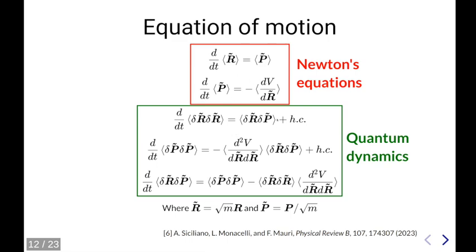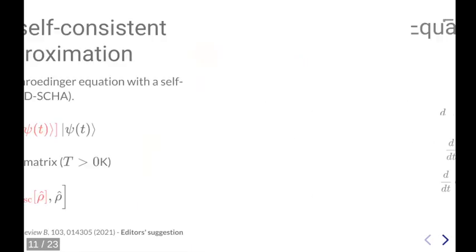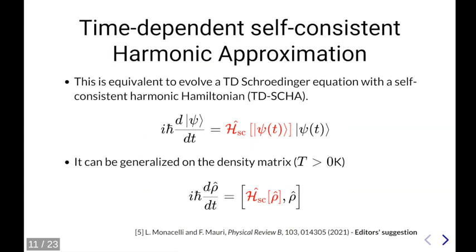The classical limit of these equations are themselves, and this means that the fact that we are evolving a quantum state depends only on the initial condition. So we must prepare the initial condition in a quantum state, and then we are evolving a quantum dynamics. If we prepare, for example, the initial condition in a classical state, but at finite temperature, we will still have correlators. So we still have this equation, and we will evolve a classical system. So somehow the theory, which comes out from this equation here, is in some sense semi-classical.